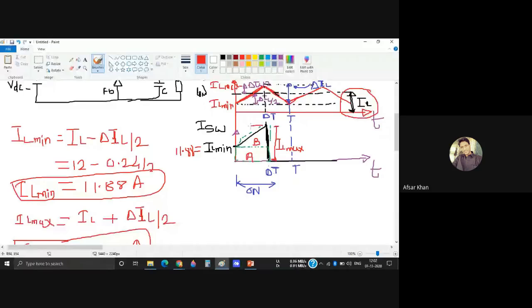IL max is how much? It is 12.12. While writing the formula for A, we have to take 11.88. For B, we have to take 12.12.